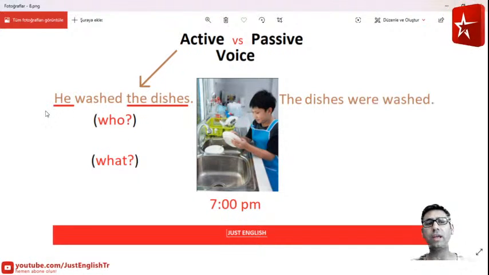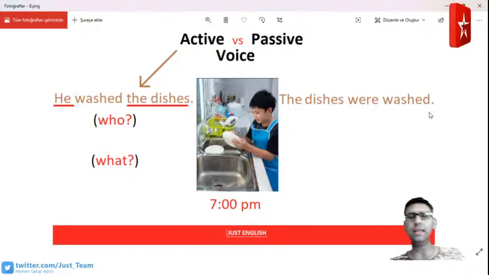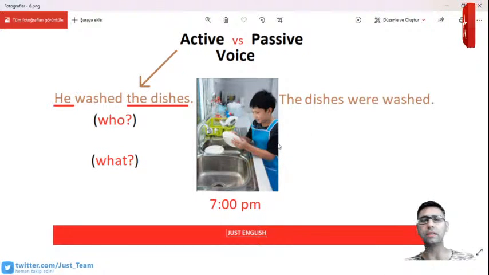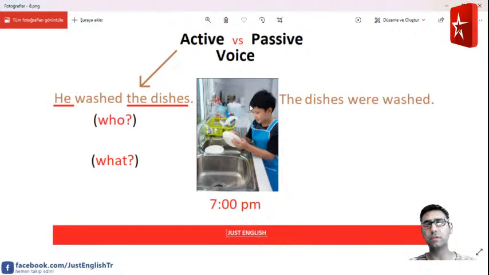For example, here we have "he washed the dishes," and here "the dishes were washed." So something is missing. What is that? It is the person. The person is here, this boy, the person is he. Let's check this sentence. As you can see, he has disappeared.